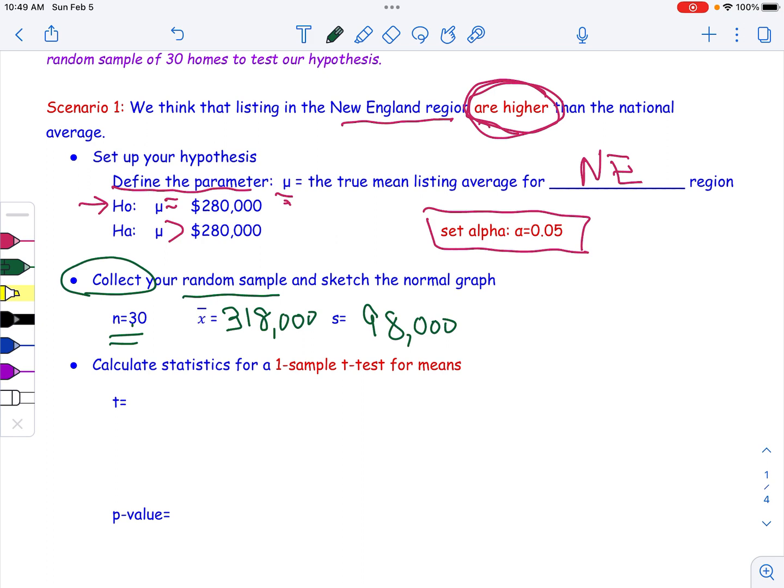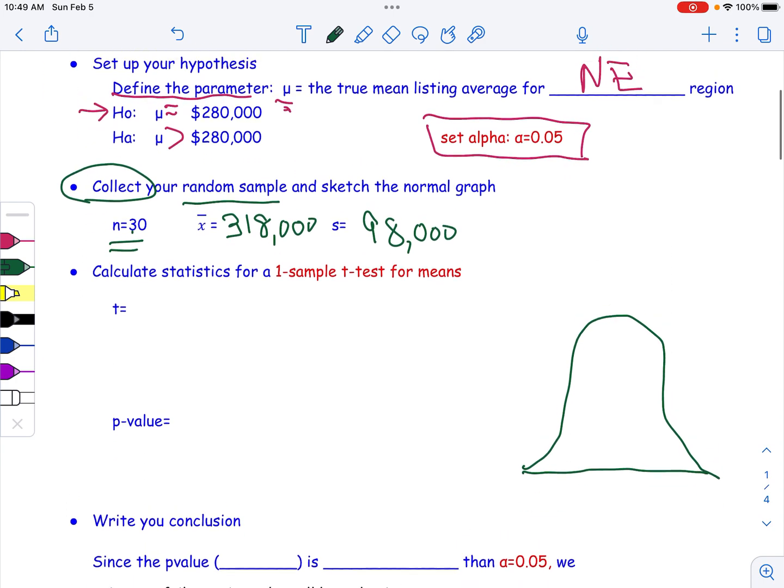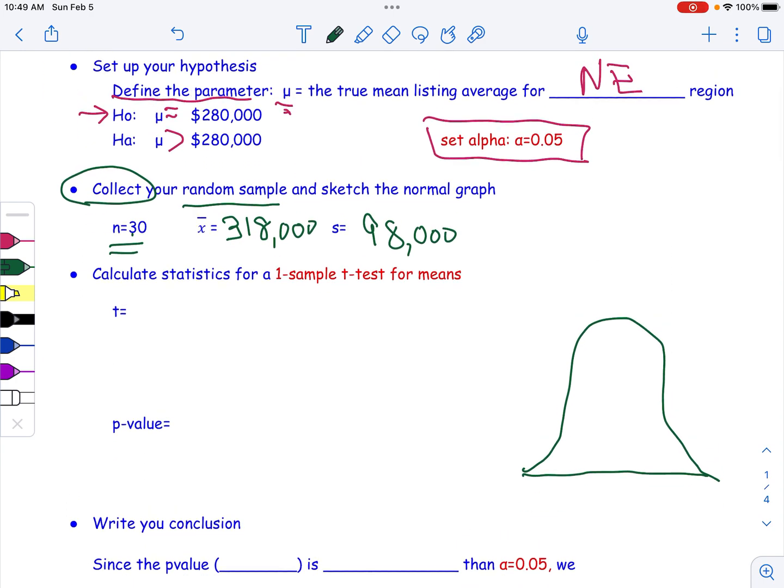Now, in statistics, it's very important to get an idea as to what you think the result is. That's why we ask you to draw the normal graph. And it doesn't have to be an artist rendition or anything like that. This is just a normal graph. Okay, so the normal graph looks more like this.